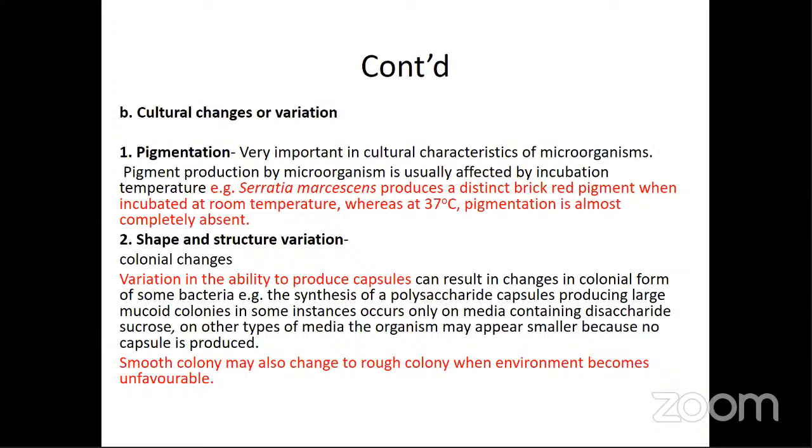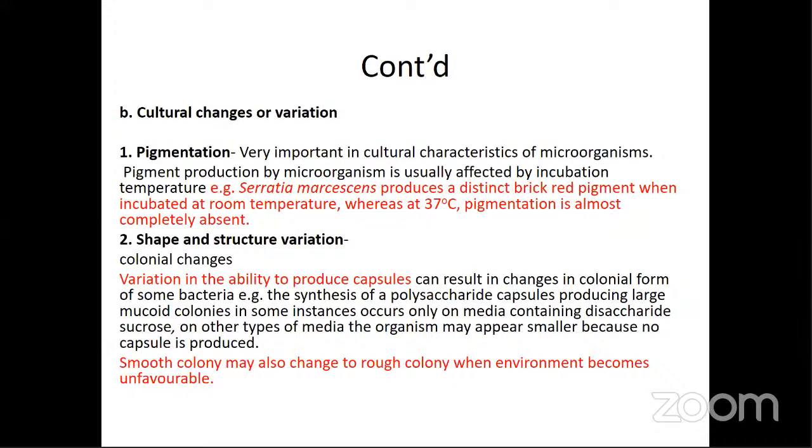The example I gave you here, if you grow an organism in a substrate that has disaccharide, the organism will produce an enzyme. It will produce an enzyme that can only be stimulated by this disaccharide sucrose.